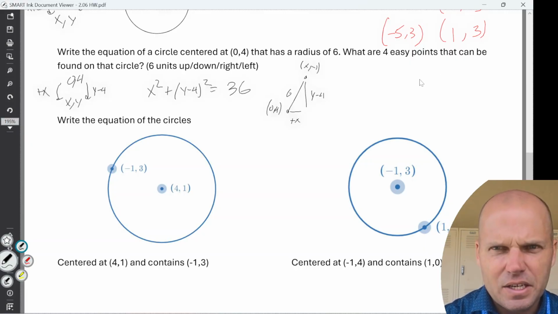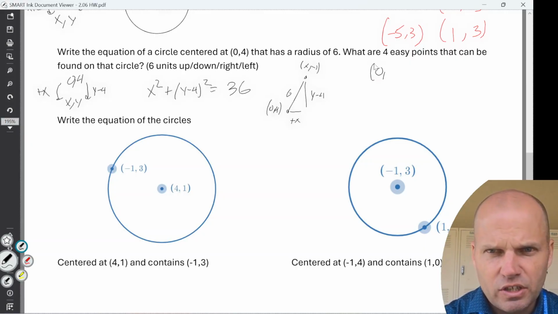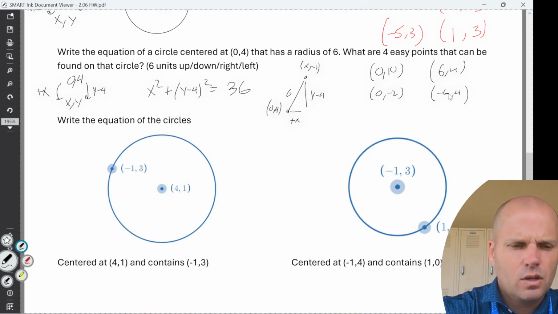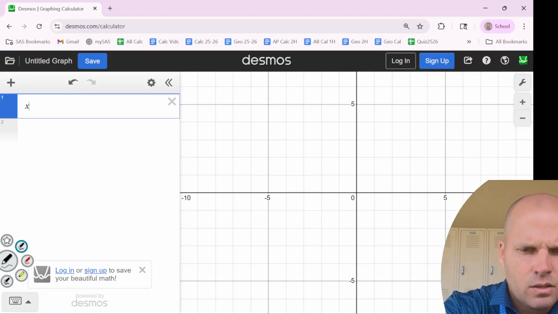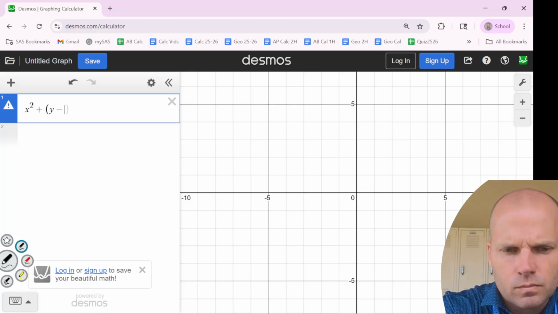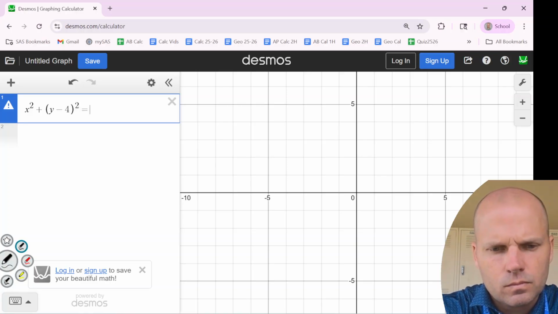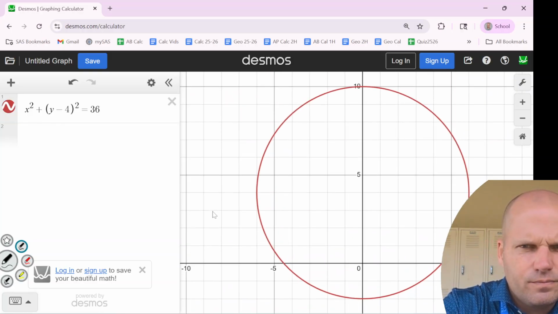Cool? And 4 easy points that I would find that are 6 away would be (0, 10), (0, −2), (6, 4), and (−6, 4). All right, double check. Cool.